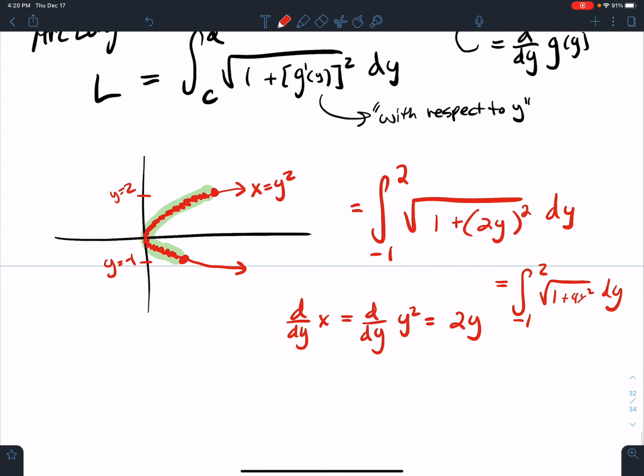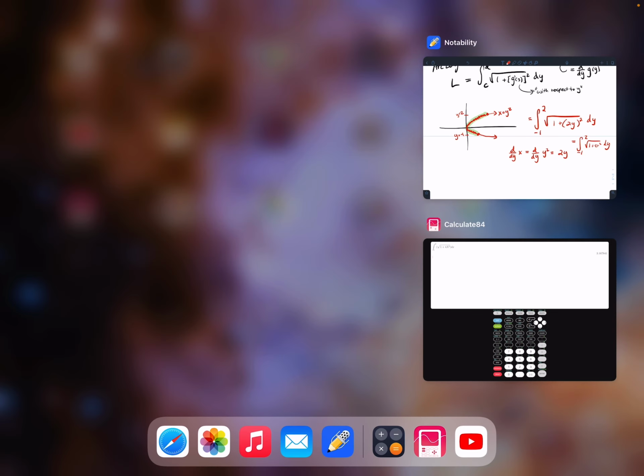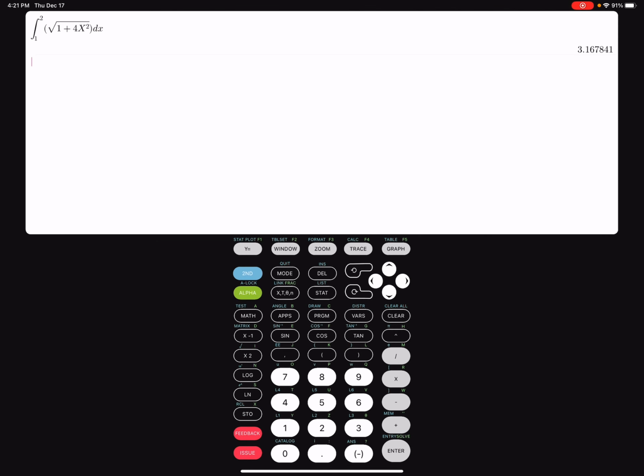If I integrated this in my calculator, I'd do math 9, enter, from -1 to 2, square root of 1 plus 4y squared.